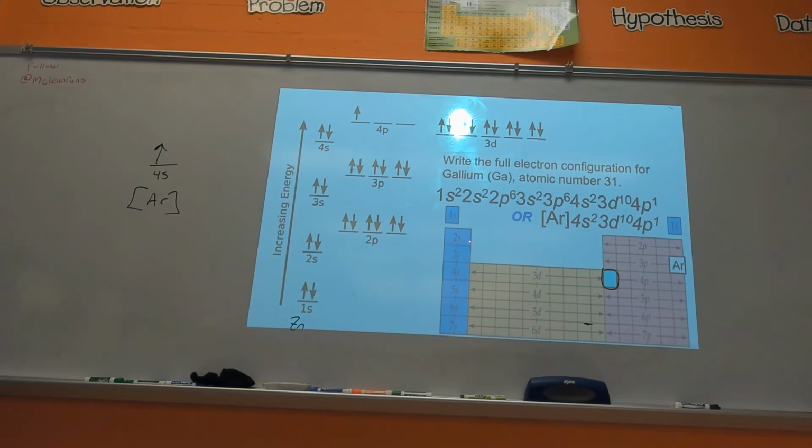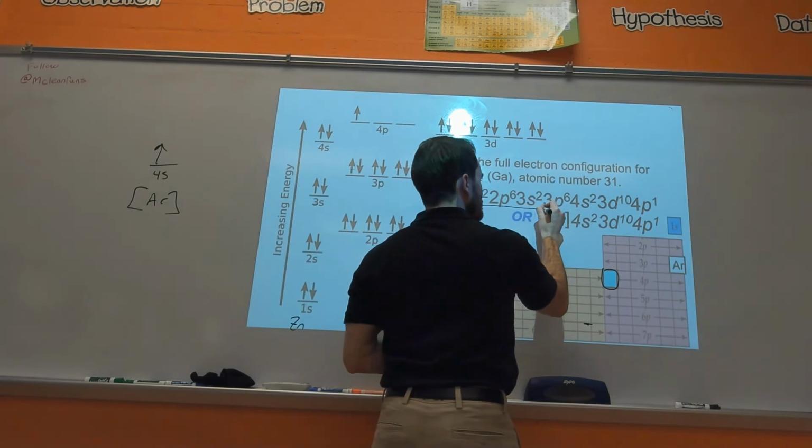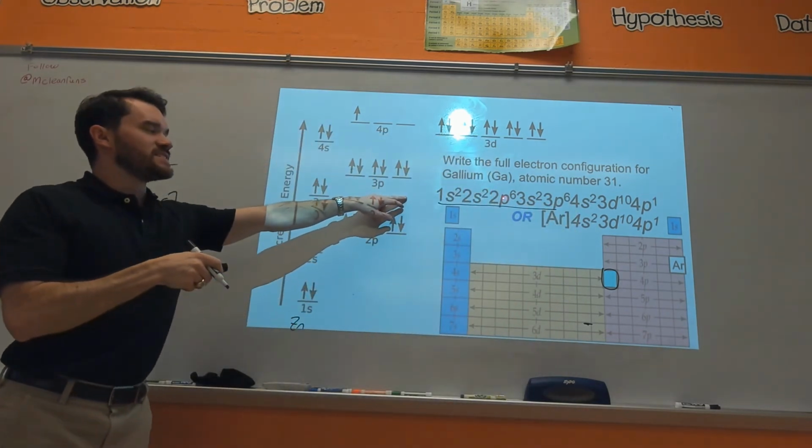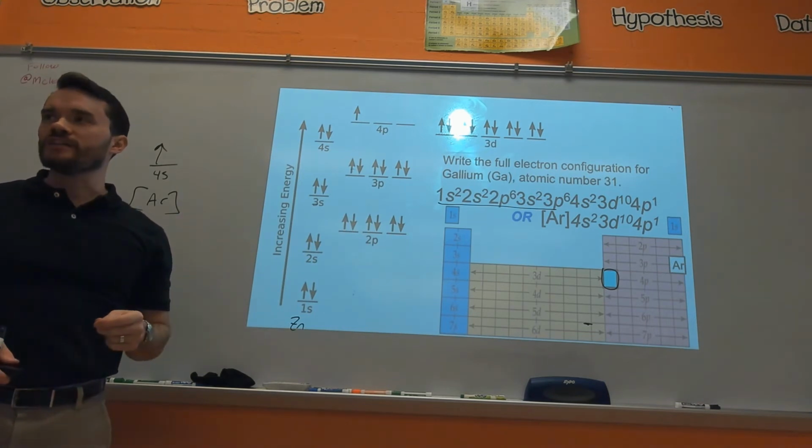If you wrote out that whole pathway I traced out, it would be this. 1s2, 2s2, 2p6, 3s2, 3p6, 4s2, 3d10, and then now 4p1. We end at 4p1. The shortcut would be, hey, this right here, that is the electron configuration of our closest noble gas, which is argon.